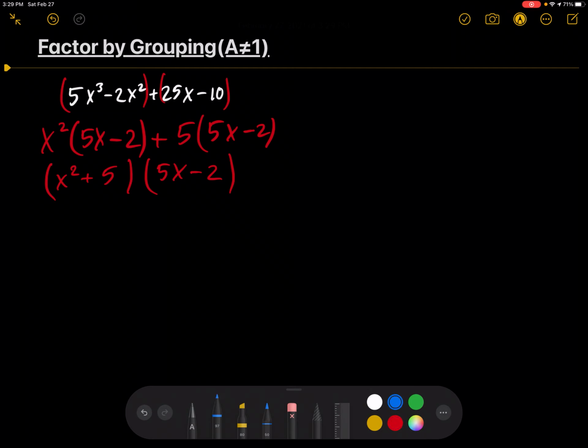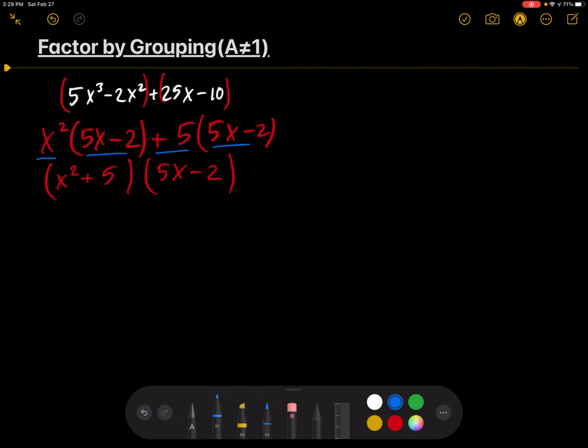Where I got that from, the x squared plus 5, is you take the x squared right there and the plus 5. Just remember that whatever's on the outside of the parentheses is going to go together. And then on the right, I got the 5x minus 2 from those two things right there.